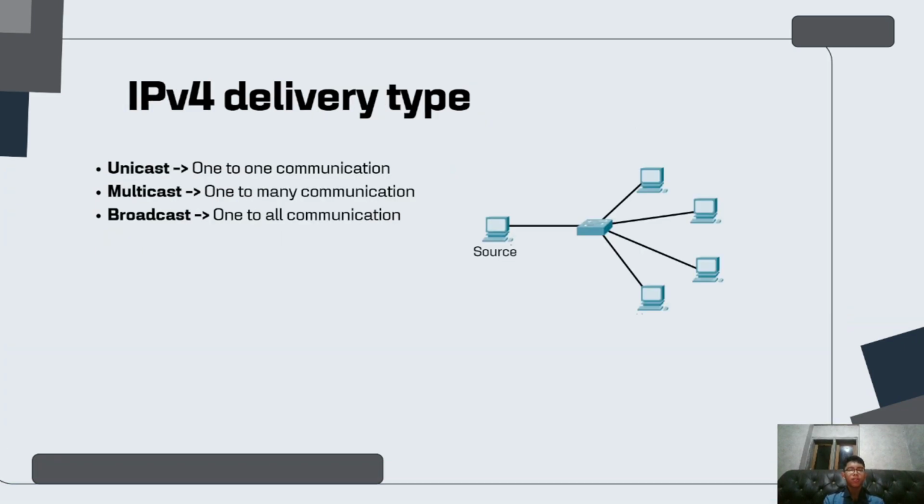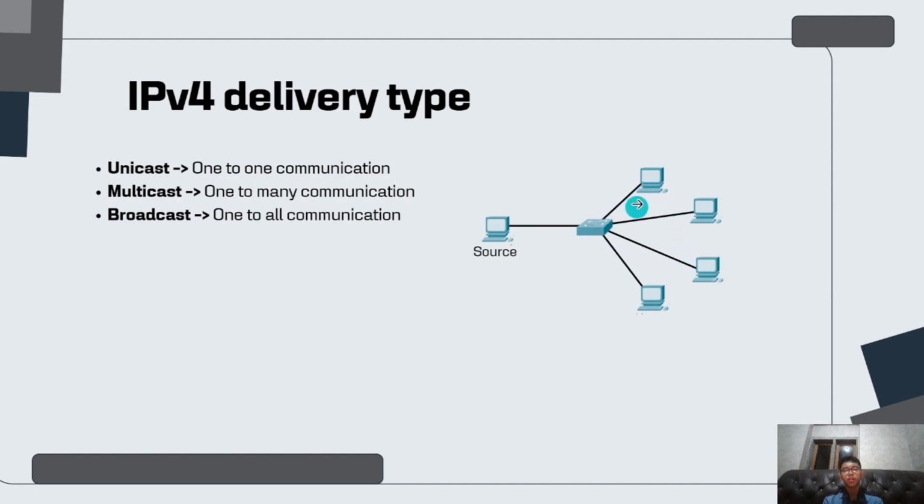IPv4 delivery types. There are 3 types. Unicast is one-to-one communication, so the source will send information directly to one network device. Multicast is one-to-many communication, so the source will send information to a group.